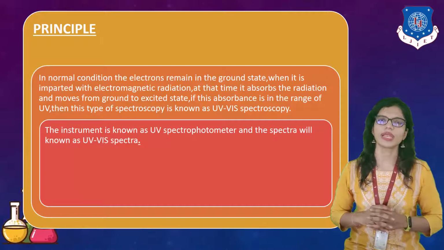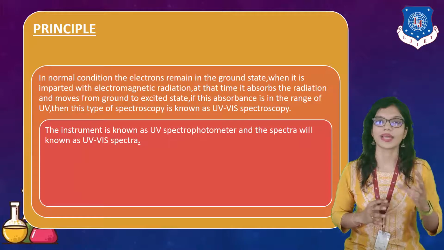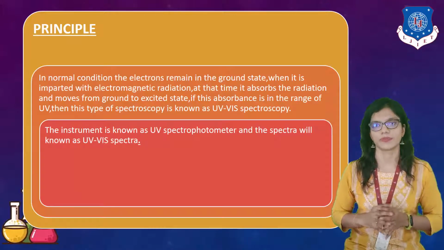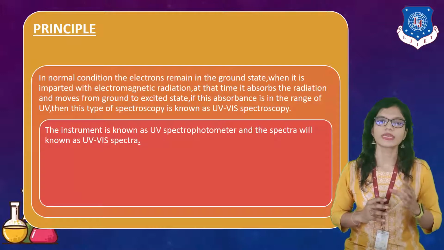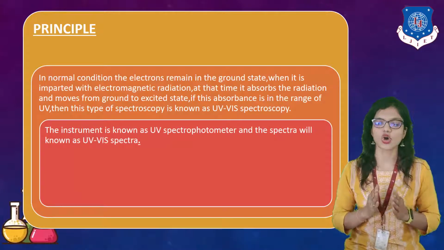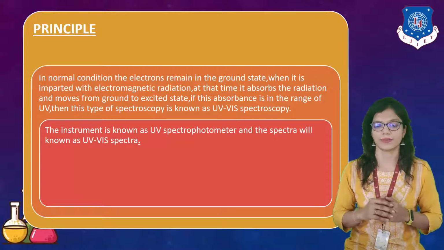It gives you an idea of how it works and why the samples get analyzed in UV. So in normal condition, the electrons remain in their ground state. When it is imparted with a certain kind of electromagnetic radiation, it absorbs the radiation and moves from ground to excited state.